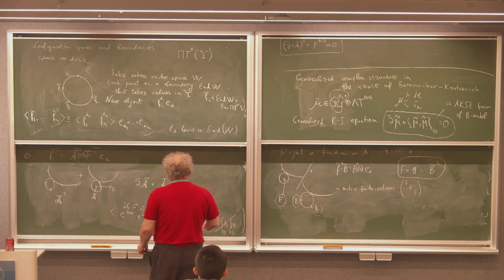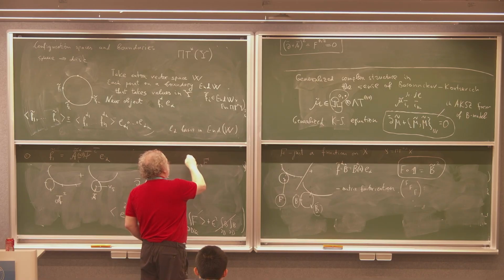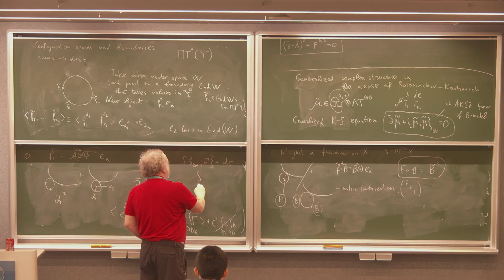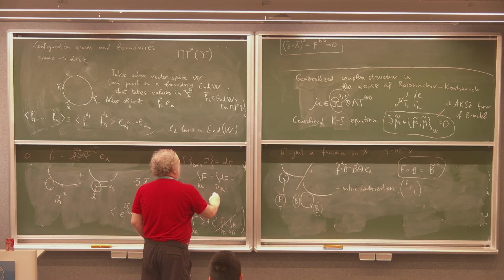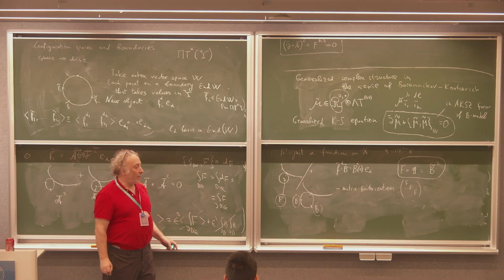It is because the action of Q on F is not zero in general. It is df. So the integral over this of F is actually the integral over this of df, and this is the integral over the boundary of the disk of F. It is the explanation of this boundary term.